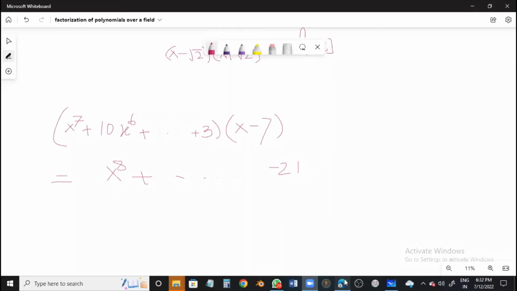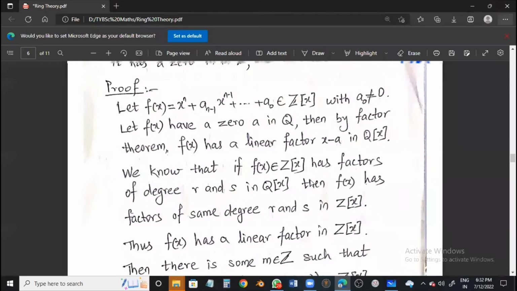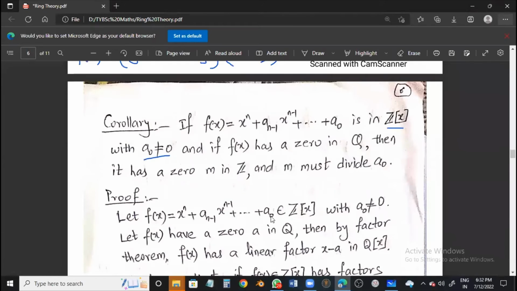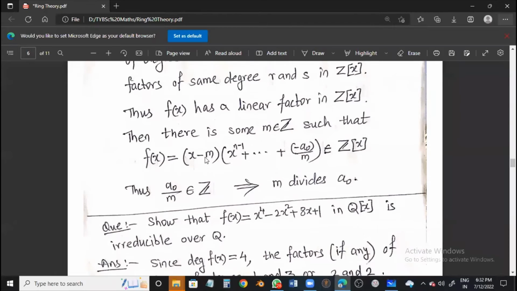Okay. So what is going to happen here? The last term, I mean the constant term in f of x, was a naught. And here you see the first factor has minus m. So what should I have here so as to get a naught? I want to say a naught equals minus m multiplied by what?